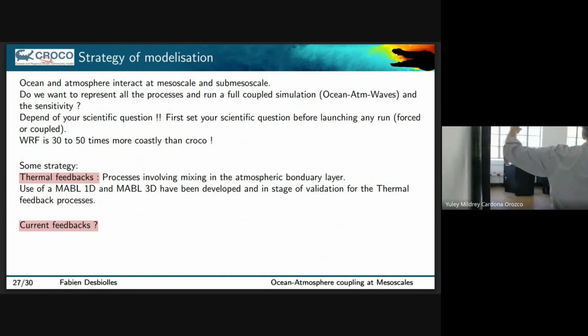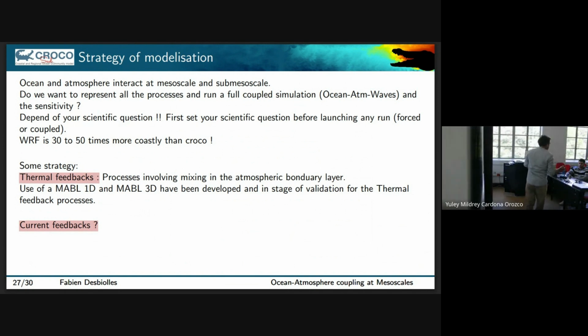Then, what about the current feedback? We have seen that the current feedback is super important for the ocean dynamics because it dampens mesoscale activity and stabilizes the western boundary current. So we really want to take that into account. Do we need to run a big thing like WRF and CROCO?